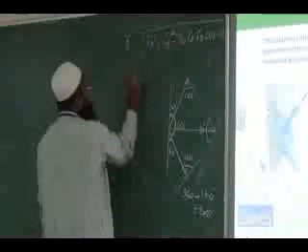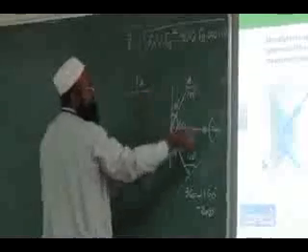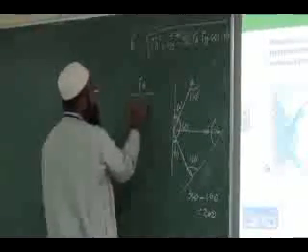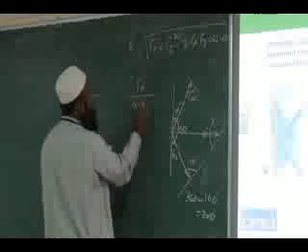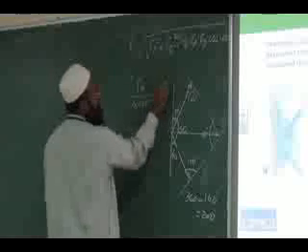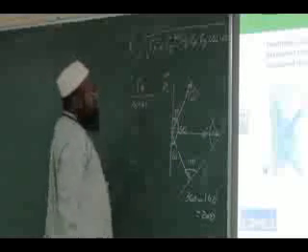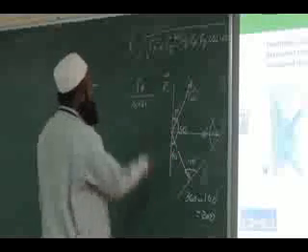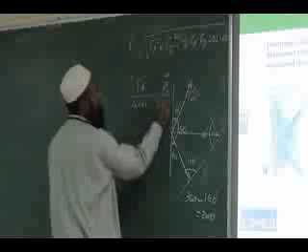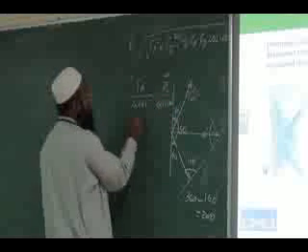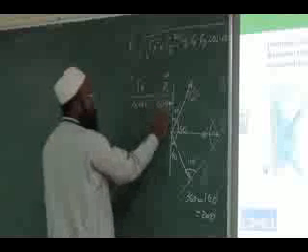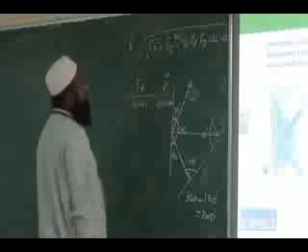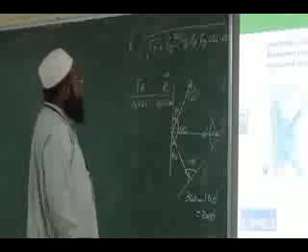Okay, FA by sine 40 equals R by sine 100. So you can find out R, you have found it already from the cosine rule. How will you find that?